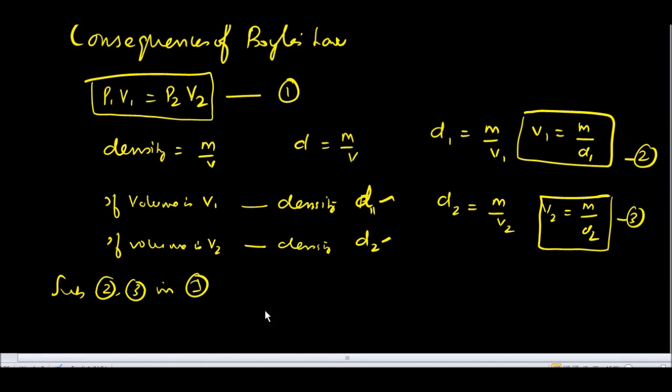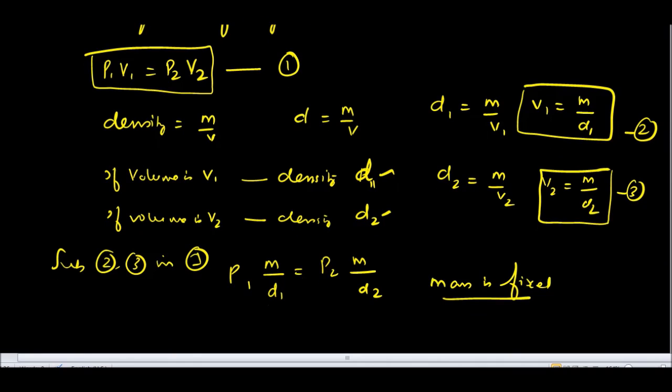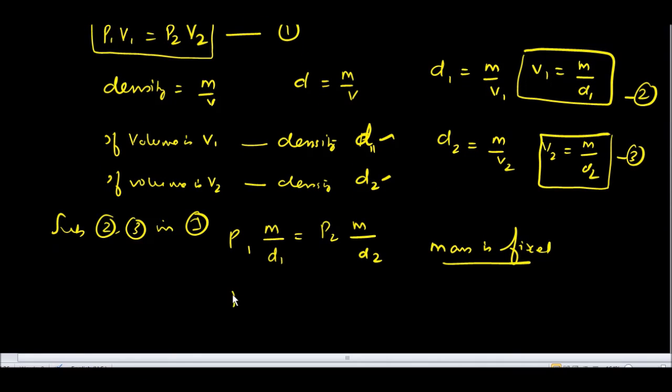Then what will you get? P1 into M by D1 equals P2 into M by D2. We know the mass is fixed for the gas, so it gets cancelled from both sides. So we can have a relationship as follows: P1 by D1 equals P2 by D2.